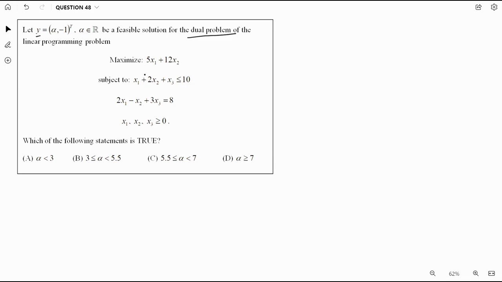So first let us form the dual problem of this LPP. Let's write the given problem first.